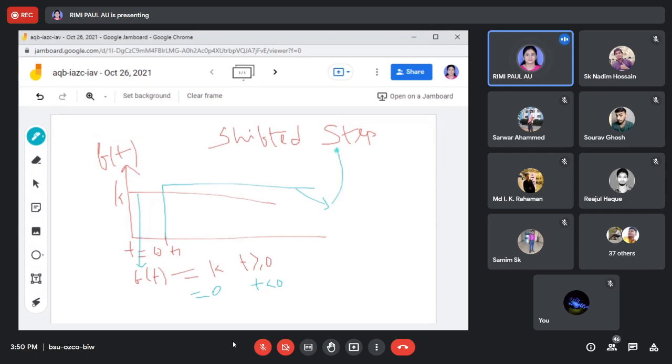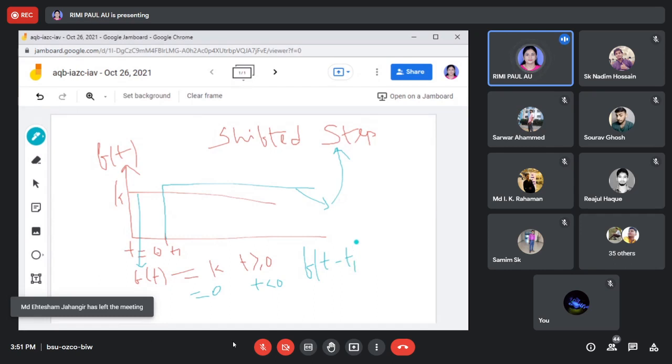এটা হচ্ছে shifted step. এটা এখন start হচ্ছে t is equal to t1. Now you can say that f(t). এবার আমি generalize করি. So if I do the generalization of this signal, you can see that in this case t1 is equal to 0. So I can write here f(t minus t1).